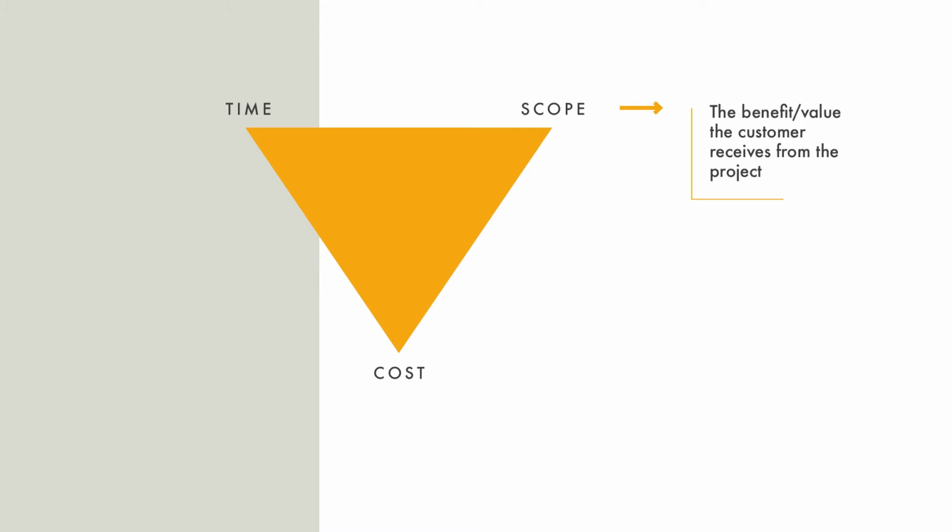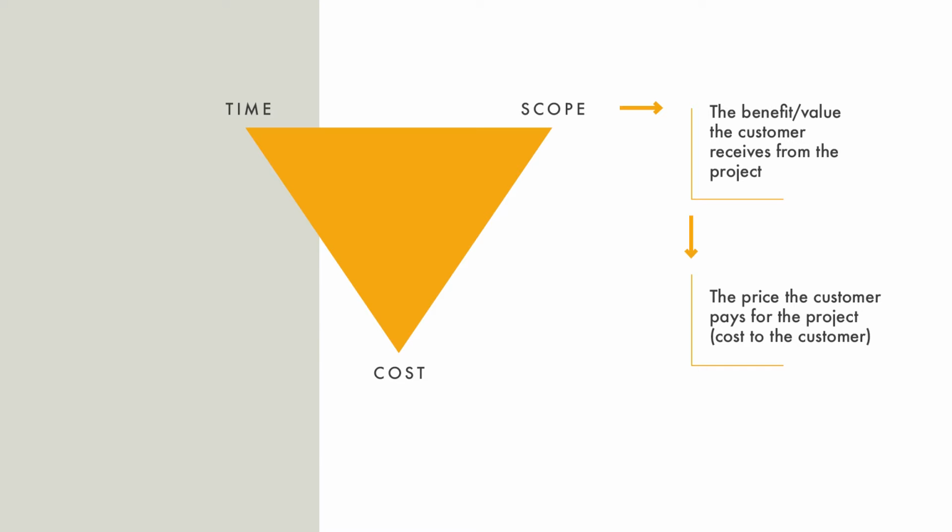So in this picture, we have illustrated how the benefit or value for the customer is produced by the scope, or the customer appreciates actually the scope or end product that it gets at certain point of time.